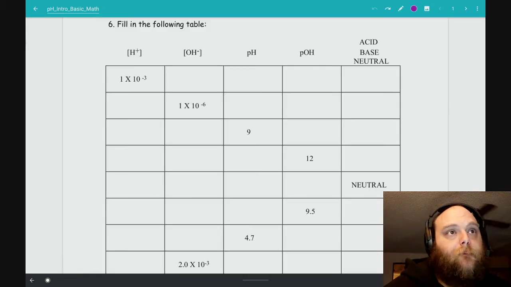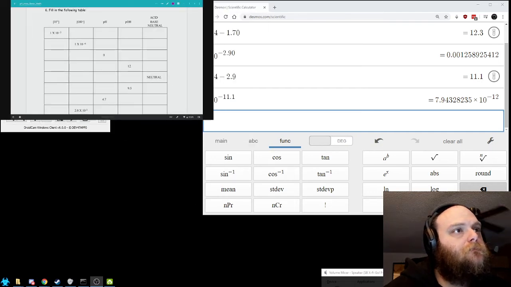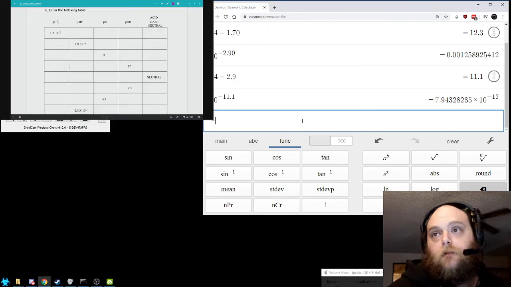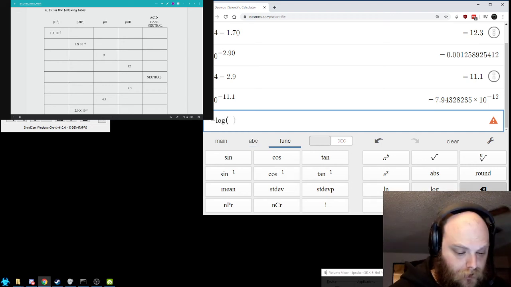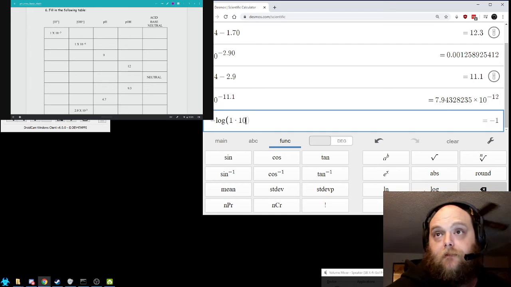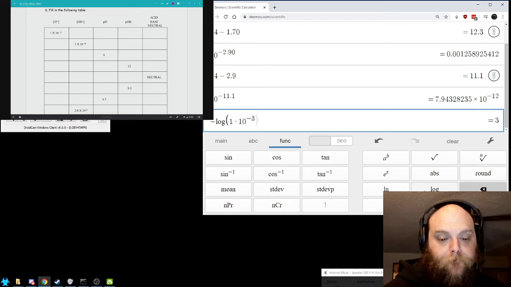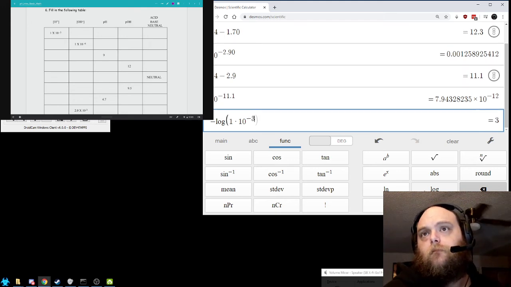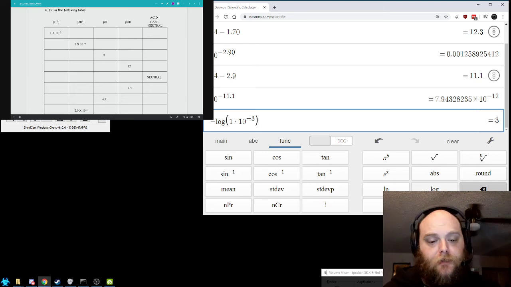Let's go ahead and pop open Desmos. So the negative function log of 1 times 10 raised to the negative third power. And we get a pH of 3.